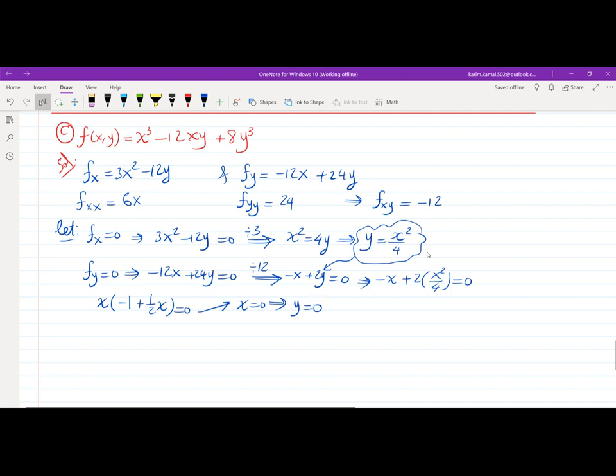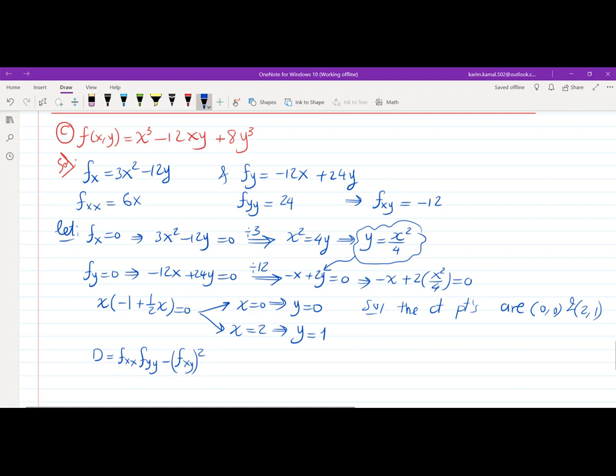Second one, x will equal 2 after simplification, and then y will equal 1. So the critical points are 0 and 0, and 2 and 1. And since we know that D equals fxx fyy minus fxy all squared, we'll make our table in order to summarize what we got.